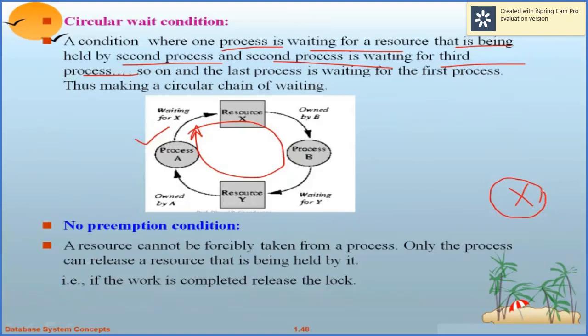So when this data element X is held or locked by a transaction, then obviously another transaction should not force this data item to be released. So if for example T1 is holding the lock on data item X, then T1 has to voluntarily come forward and release the data item for the next transaction. This is called the no preemption condition.